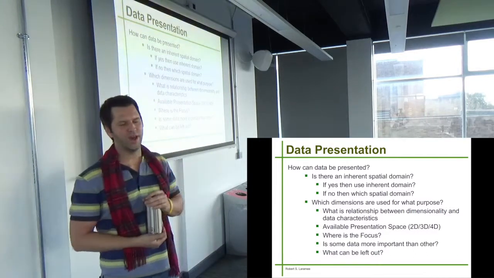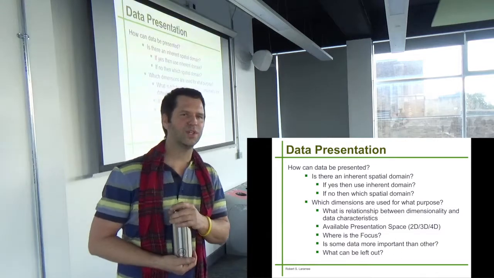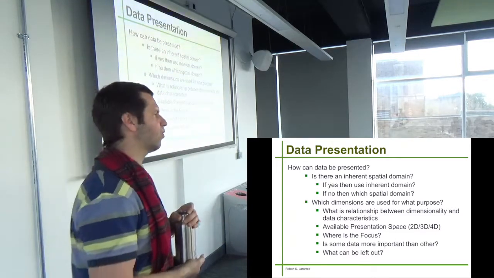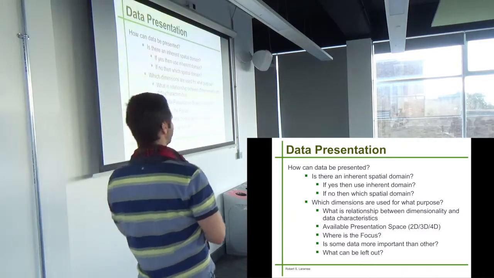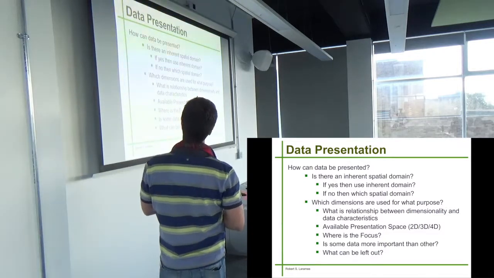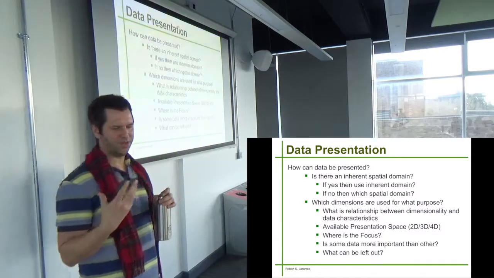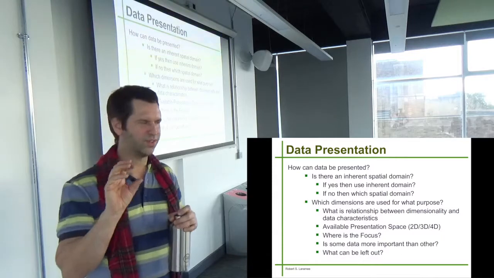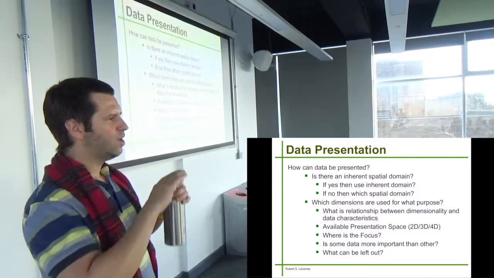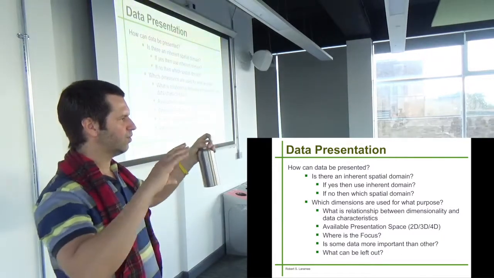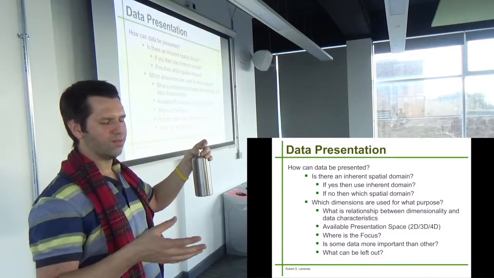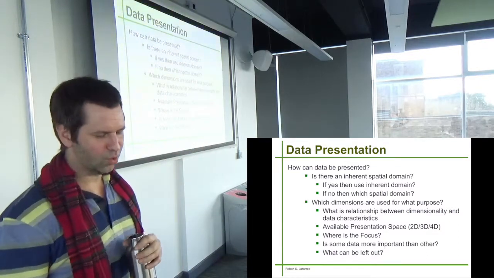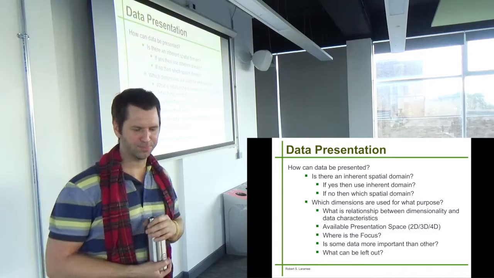Well, we don't really have to imagine one. We can use a spatial layout that's already been imagined for us by somebody else previously. But in information visualization, we have to synthesize or create some spatial layout, like a graph, for example, or a chord diagram, something like that.